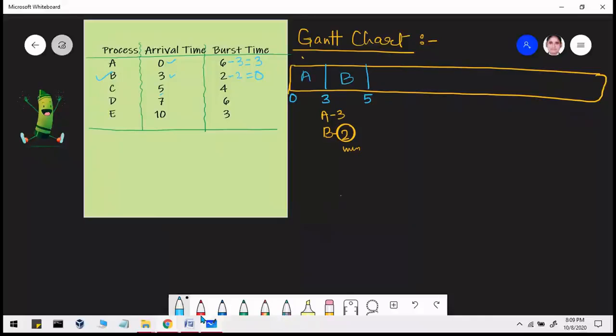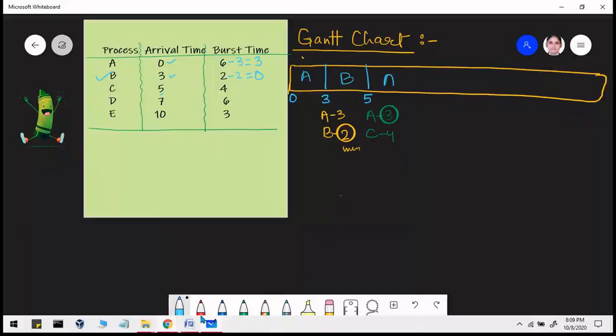Now at the 5th millisecond, the process which has joined the ready queue is C. We already had A, with remaining time 3, and the burst time of C is 4, out of which 3 is minimum. So now A will take the CPU.